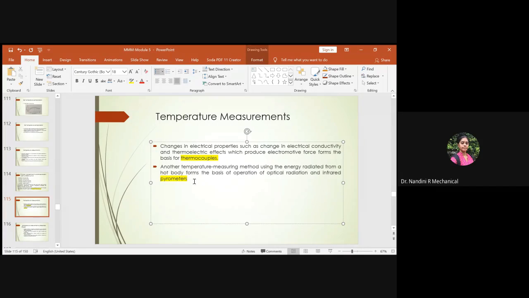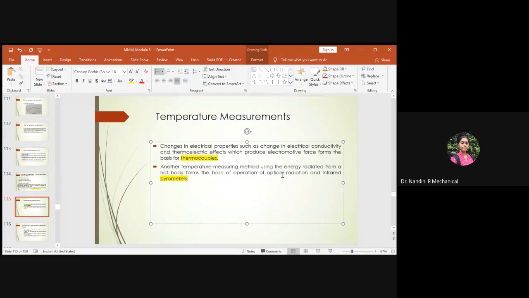Similarly, you have heard about pyrometers. So what are these helpful for? The pyrometer is one of the temperature measuring methods. It is mainly used to measure the energy radiated from hot bodies during operations.